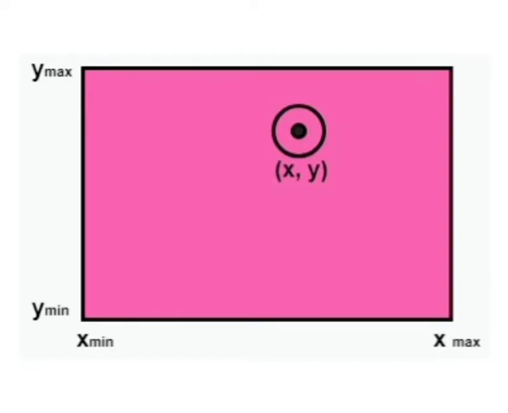In this picture we can see that the top left corner consists of the y max, x min coordinate, and the top right corner consists of y max and x max coordinates, and the bottom left corner consists of y min and x min coordinates, and the bottom right corner consists of y min and x max coordinates.